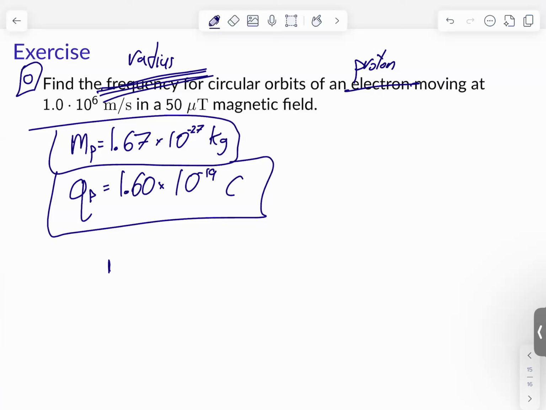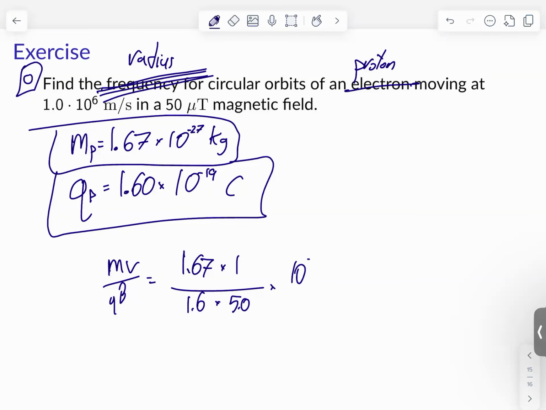So what's the formula? mv over qB. How I would write this in my calculator is 1.67 divided by 1.6 times 5.0, then times all the powers of 10.